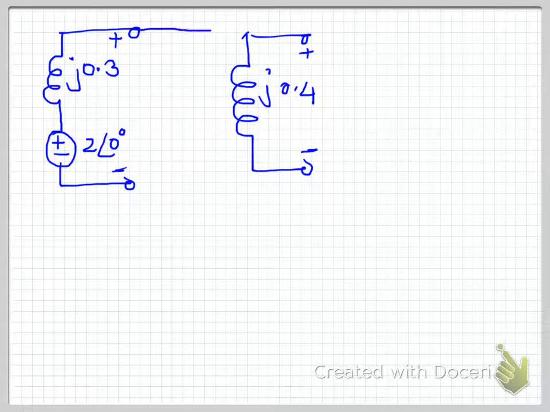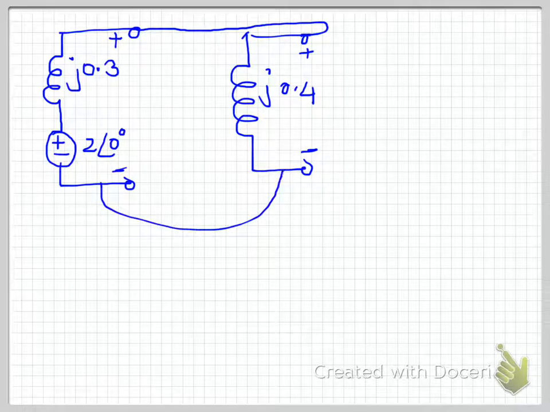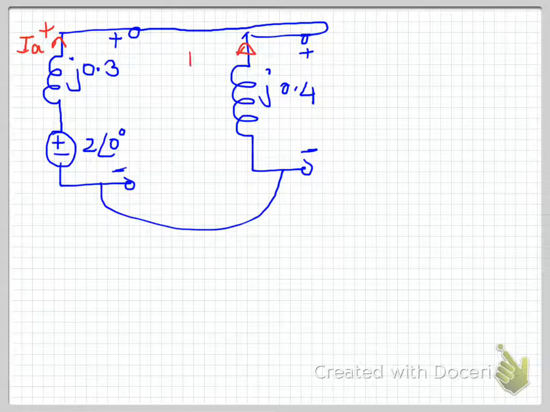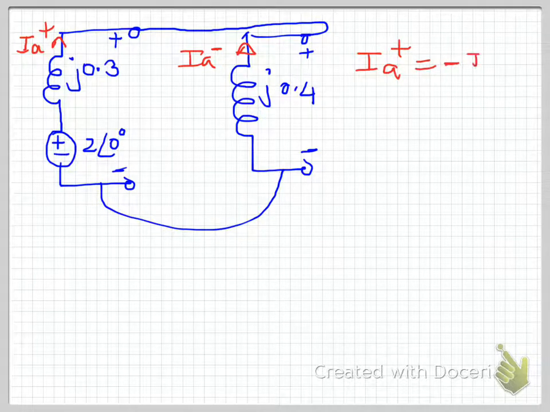To connect them in parallel, the positives have to be connected together, the negatives have to be connected together. To mark the currents, here is IA positive and here is IA negative. They are flowing in opposite directions, so this is true. And there is no zero sequence network, so IA0 is 0.